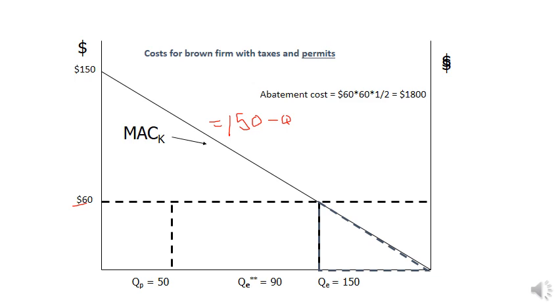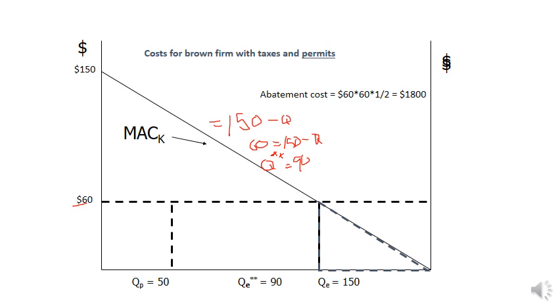So they're going to abate, same optimal condition they did last time. 60 equals 150 minus Q. And apologies for my e-pen handwriting. That Q double star equals 90. They're going to abate 60 units, pollute 90 units of pollution.